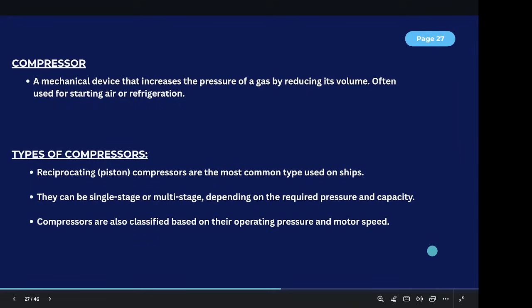Compressors are also classified based on their operating pressure and the motor speed. So the air compressors are an indispensable part of the ship's machinery, including its safe and efficient operations.